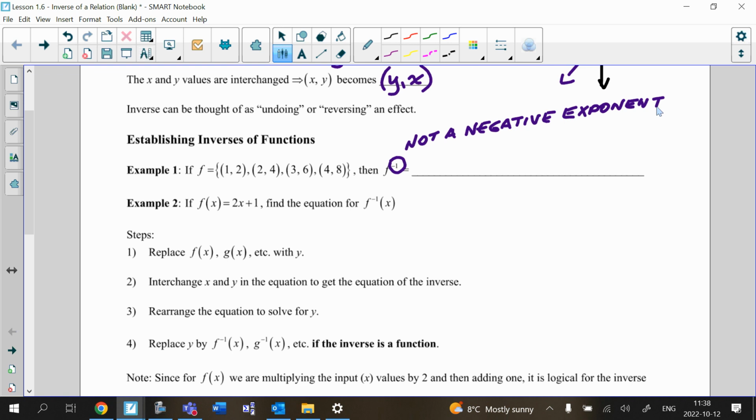Reverse them all. 1, 2 becomes 2, 1. 2, 4 becomes 4, 2. 3, 6 becomes 6, 3. And 4, 8 becomes 8, 4. So taking an inverse of a set of coordinates is really easy. Don't overthink it. Just flip all the coordinates, switch all the x and y values.